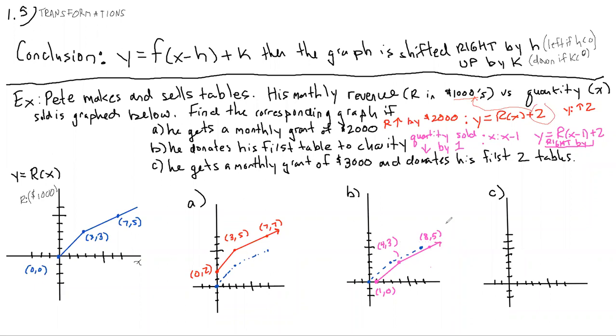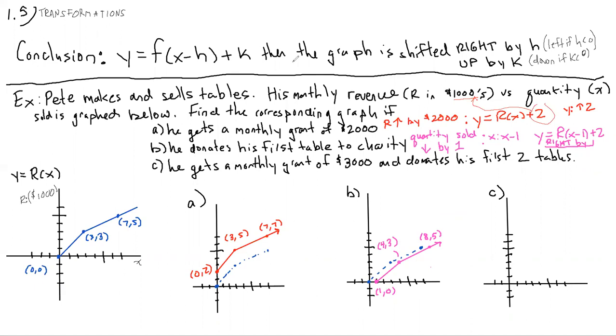It means that his revenues dropped a bit, which should make sense if he's giving up a table every month. You'll notice that we don't have points between 0 and 1 because if he's committed to donating a first table to charity, he can't only make half a table in the month. So this shift to the right actually makes a lot of sense.